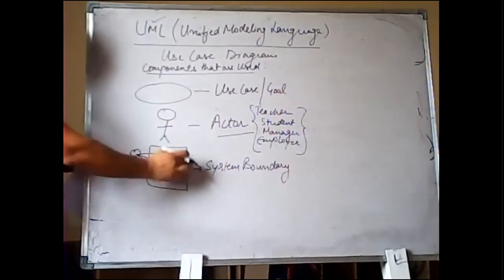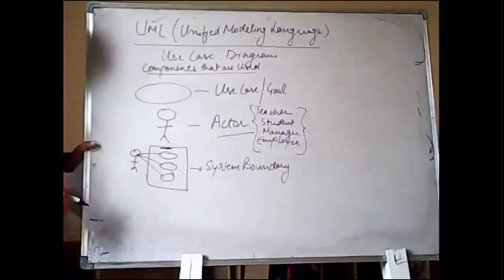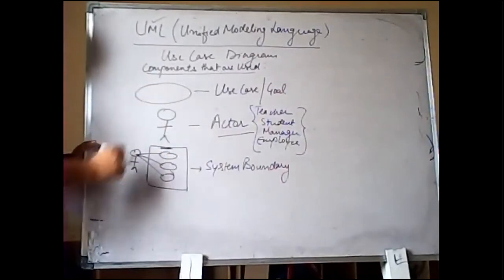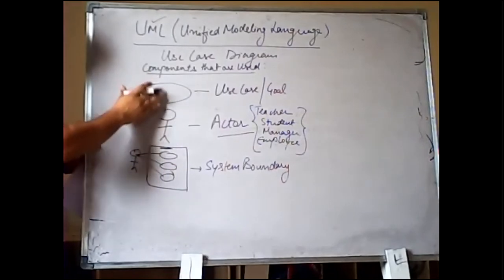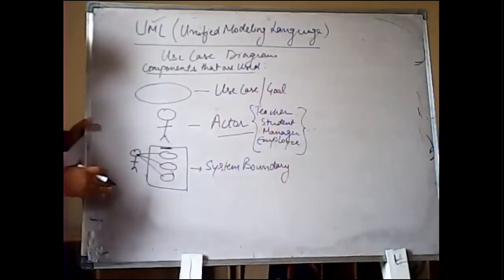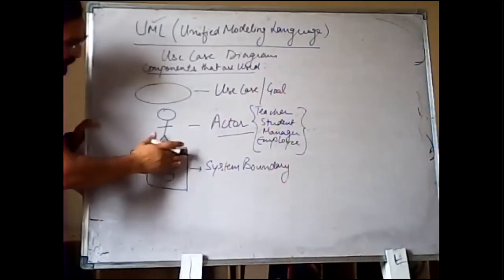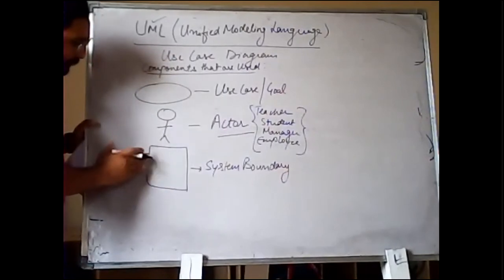This rectangle is the system boundary, and I have to give the name of my project here. I will show you with an example and draw a complete use case diagram, but first I will tell you what components are used in UML.